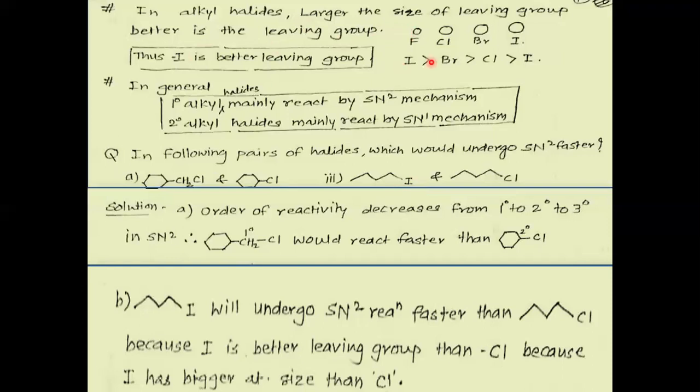Iodine has a larger size, so it will act as a better leaving group, so it will react faster. So this CH3CH2CH2CH2I will undergo SN2 reaction faster than n-butyl chloride, because iodine is a better leaving group than Cl, because I has a bigger atomic size than Cl.